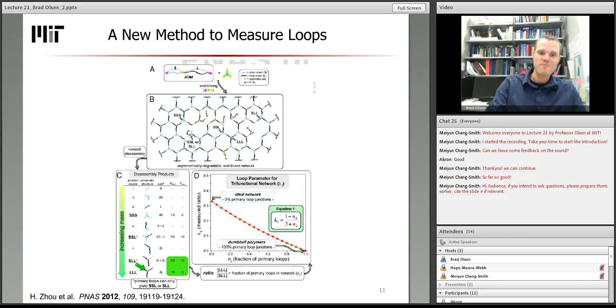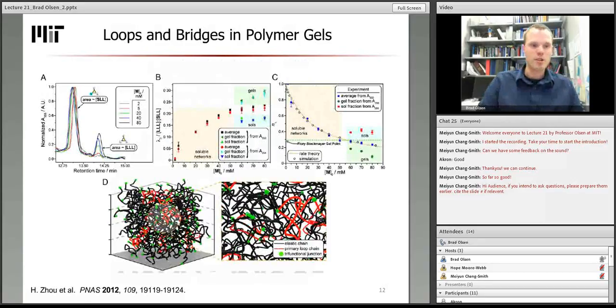And so the piece D shows basically a theoretical prediction of calculating ratios of different parameters, ratios of different combinations of short and long junctions, and these calculations can be used to compare with experimental data.